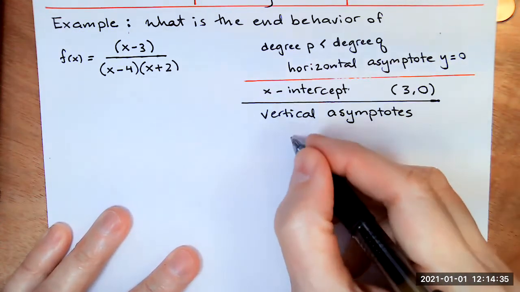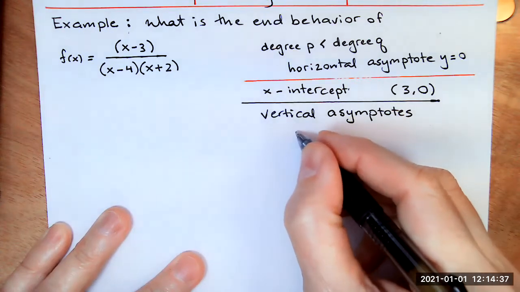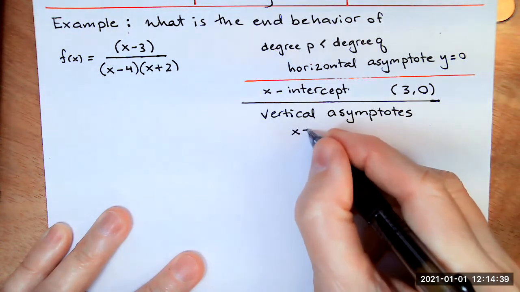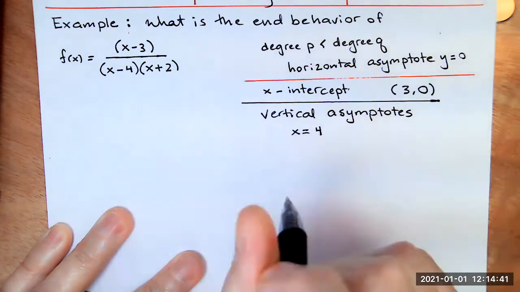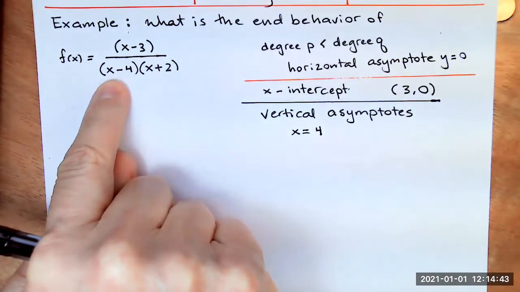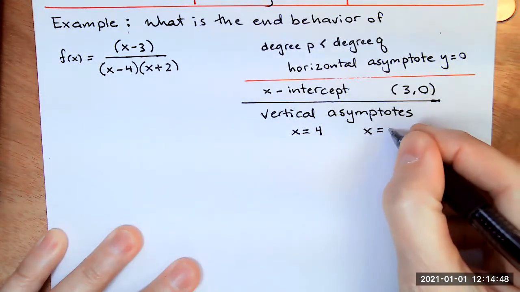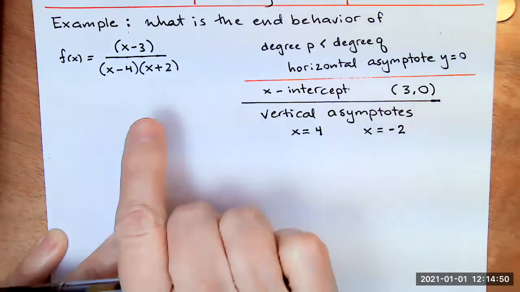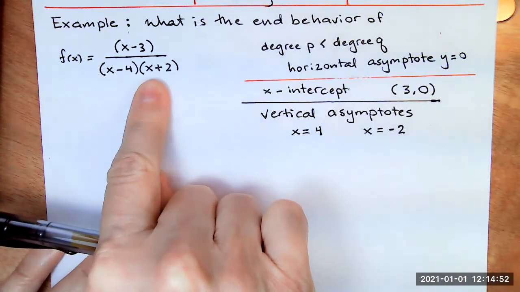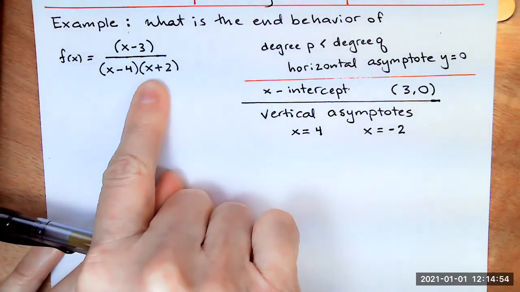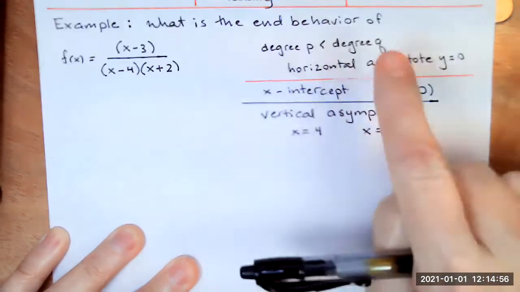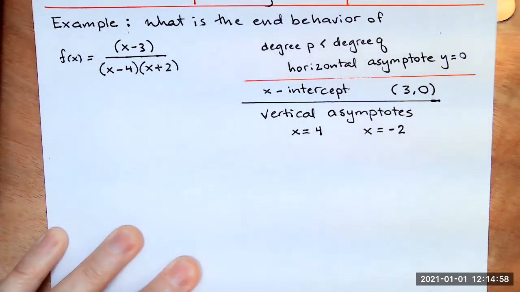Well, if you guessed that yes, it would have a vertical asymptote at x equals positive 4, because it makes this factor equal to 0, and x equals negative 2, because it makes this factor equal to 0, you would be correct. So since we've done all this work, we might as well draw the graph.